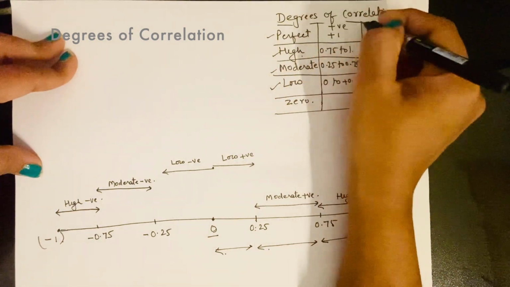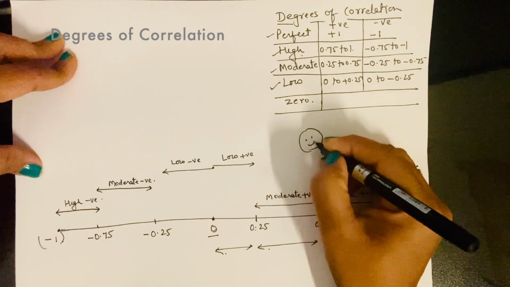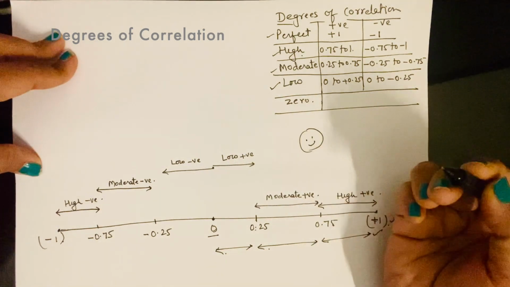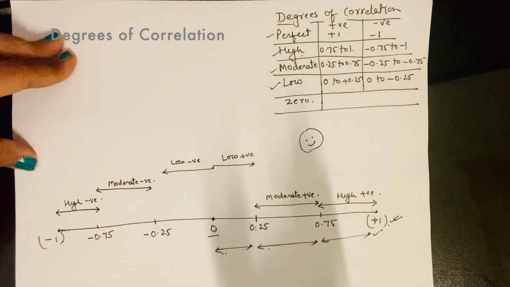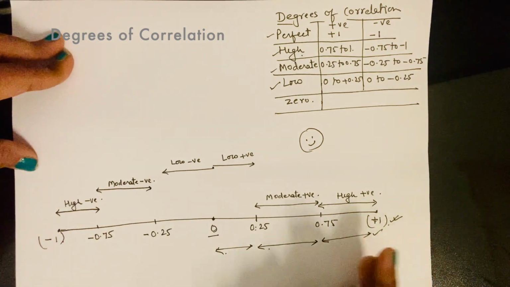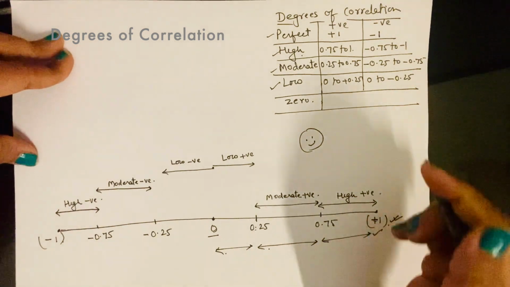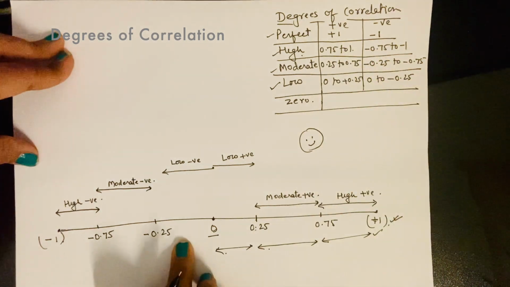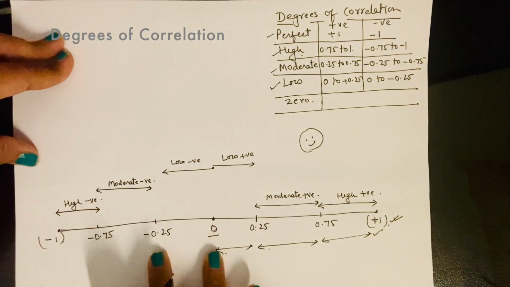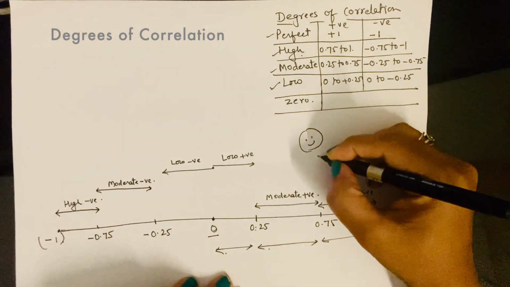I hope this was easy to understand, and when you do the calculation of the correlation, you will be able to define that okay, this correlation is a perfect positive correlation, or this correlation has a low degree of negative correlation. So seeing the value, you can quickly tell that this number is in this zone and this is the degree of correlation. I hope this was helpful.